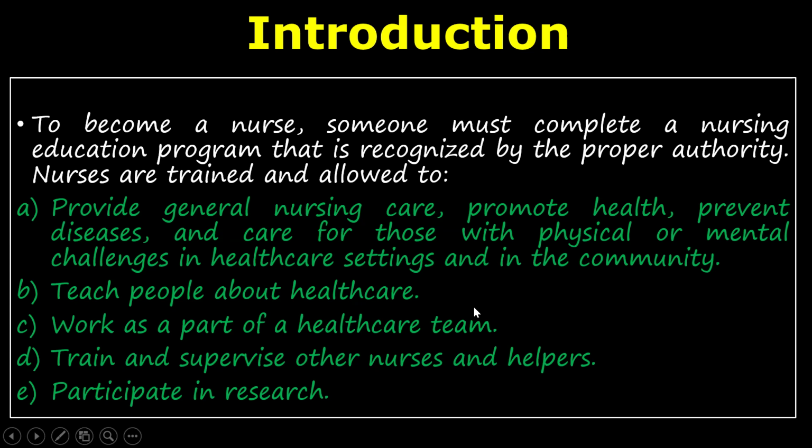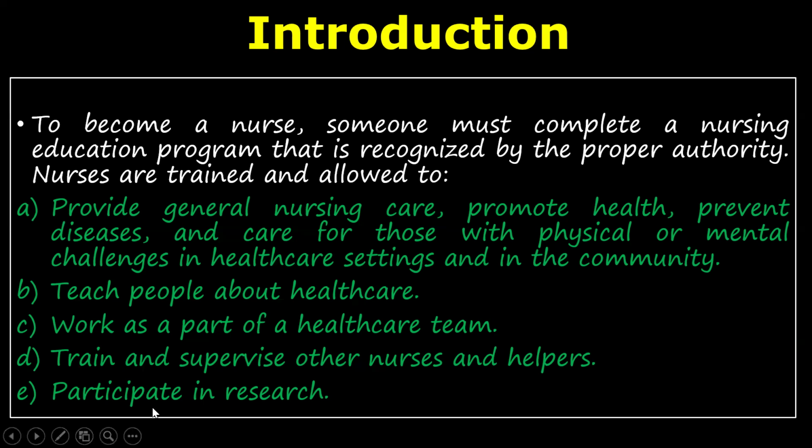Number two, we also train the nurses so that they can teach people about healthcare. Remember, one of their key responsibilities is to spread awareness, education, and advocacy. Then number three, work as a part of a healthcare team. If you go to a hospital, there is the healthcare team. So nurses are part of that team, which has the doctors, the gynecologists, the orthopedics, the opticians, and so on.